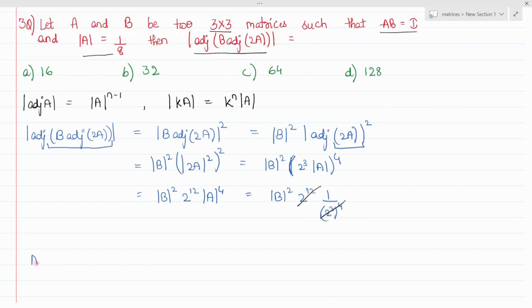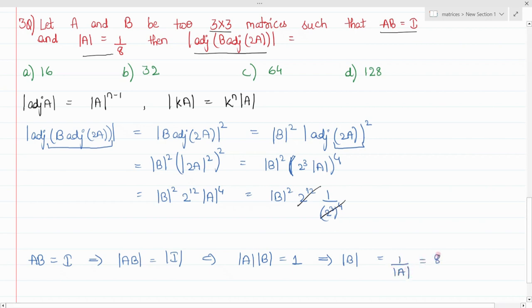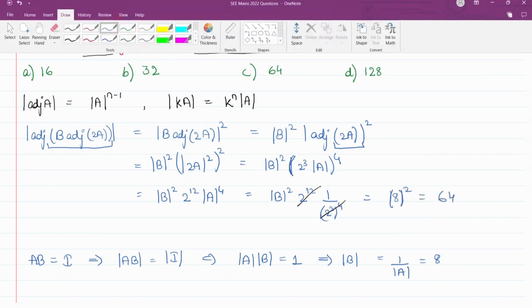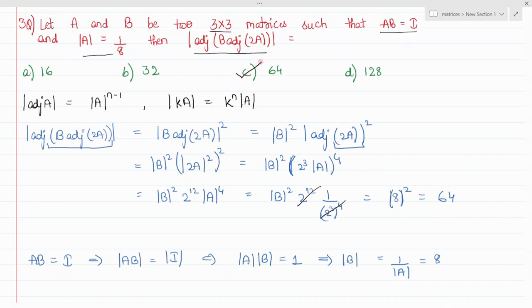One more important thing is also given, that is AB is equal to I. Now, if we apply the determinant on both sides, we get determinant of A into determinant of B is equal to 1, because the determinant of the unit matrix is always 1. From here, determinant of B is 1 by determinant of A, that is 8. Determinant of B squared is 8 squared, that is 64. Hence 64 is the required answer to this question.